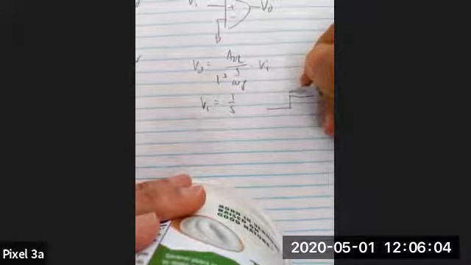So if we take V in to be 1 over S, which is a voltage step with a magnitude of 1, that's in the time domain, and this is the Laplace domain.